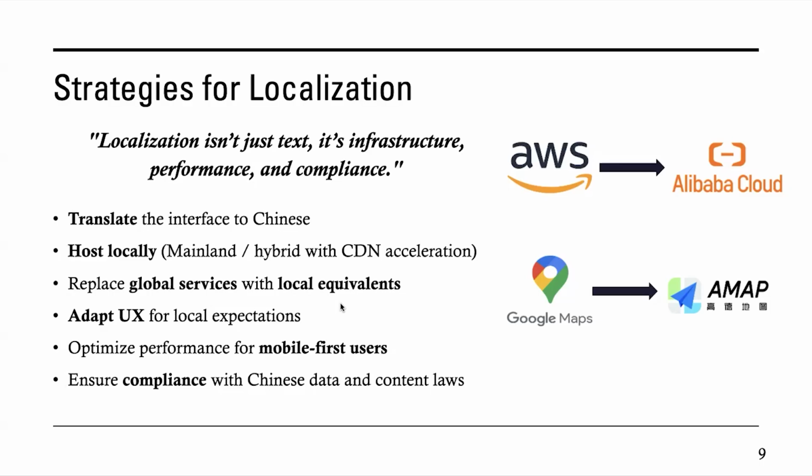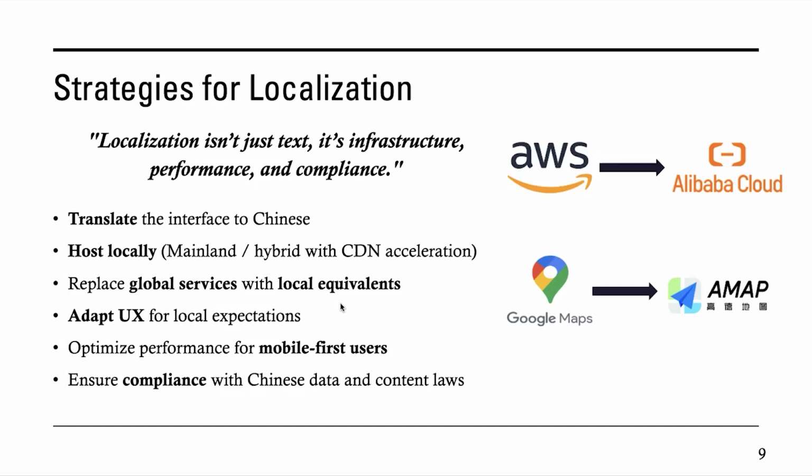The second part is hosting locally. We talked about the Great Firewall: if it's hosted elsewhere, the Great Firewall increases the latency and makes your app very slow. Hosting within mainland China is ideal.